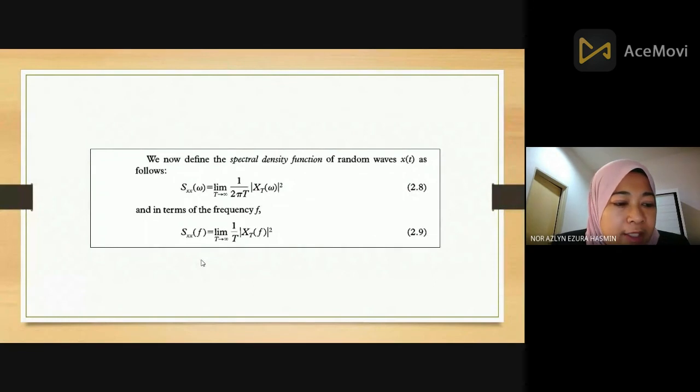These are the equations of the spectral density function of a random wave x(t) as follows. From equations 2.8 and 2.9, and based on the equation of wave energy obtained in 2.7 which we showed just now, the equation of the time average of wave energy can be expressed in equation 2.10.